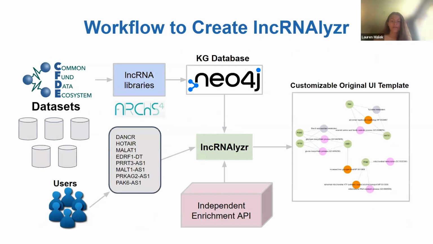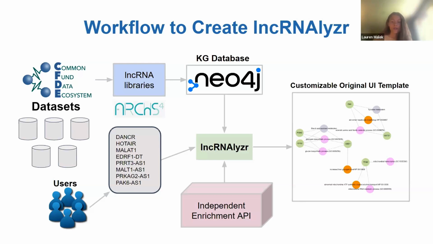The first step in developing lncRNAlyzr was converting Common Fund datasets into lncRNA set libraries. This was made possible with a gene-gene correlation data matrix from ARCHS4. This data matrix was provided to me by Giacomo Marino and Alexander Lachmann. Using this file, I was then able to generate lncRNA libraries, and we ingested them into a Neo4j knowledge graph database.